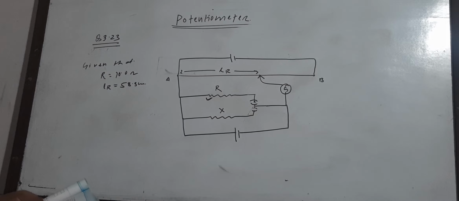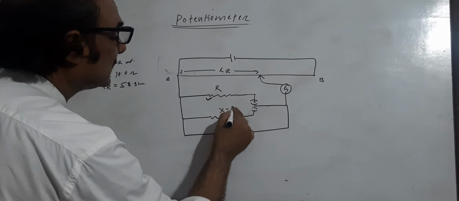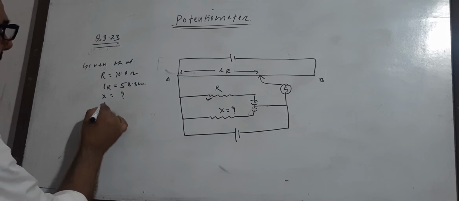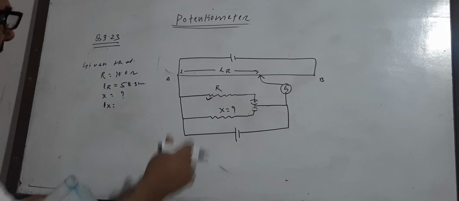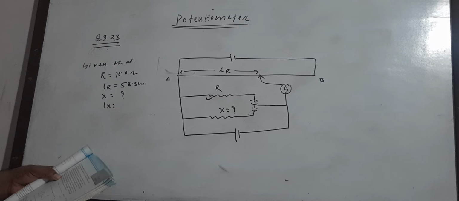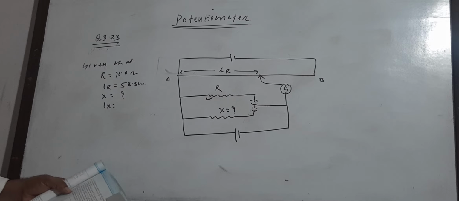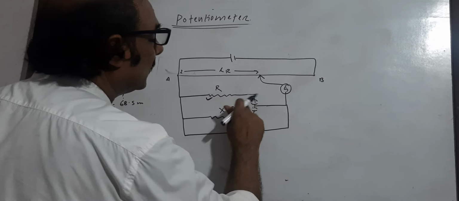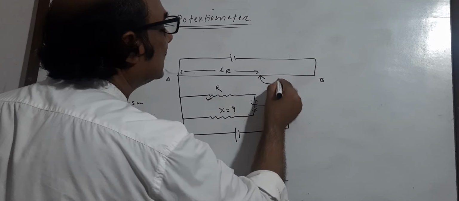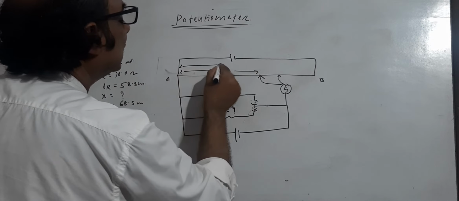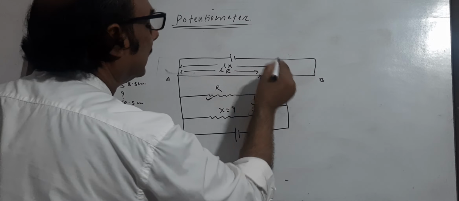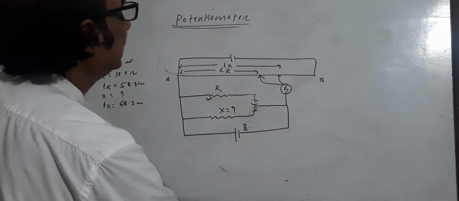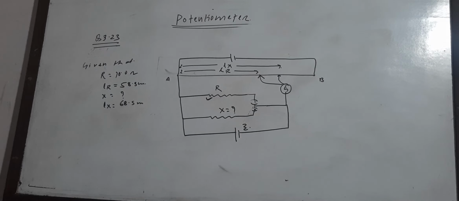While the unknown resistance is X, and the balancing length is Lx, 68.5 centimeter. It means when this one is closed, another balancing length is obtained, and this is the length Lx. And here is the cell of EMF E. This is the driving circuit.